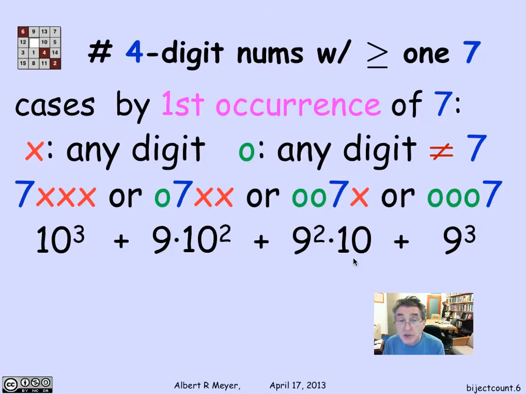These are disjoint because they're distinguished by where the first 7 occurs. And so I just add them up and I get this number. It's not especially interesting, but it's 3439. Okay, so that's an exercise in counting something by somewhat ingeniously breaking it up into a sum of disjoint things that are themselves easier to count.